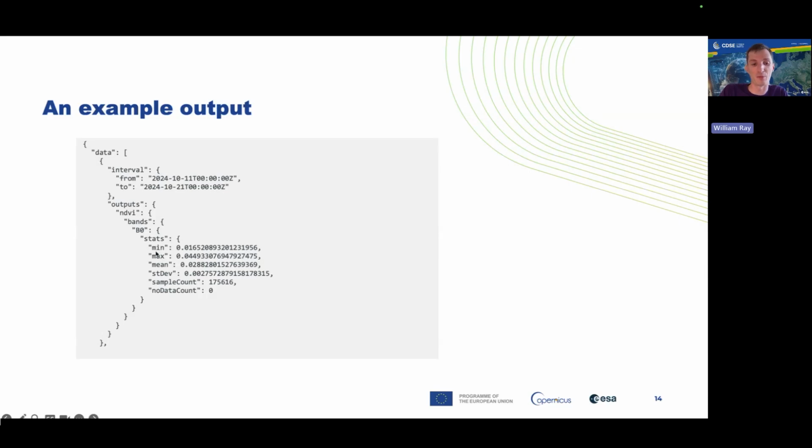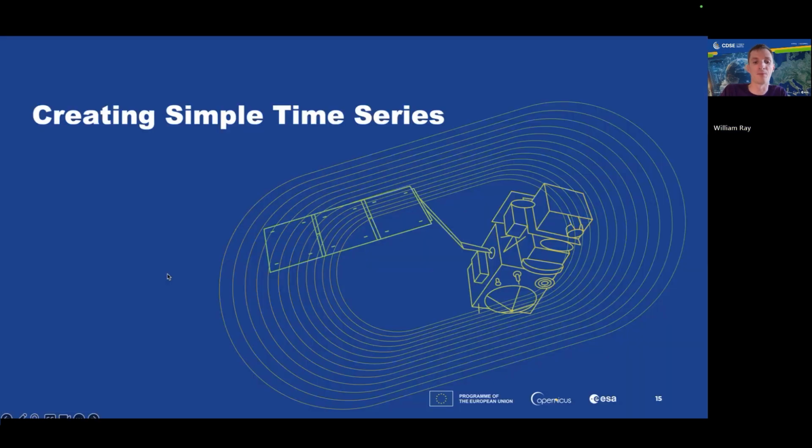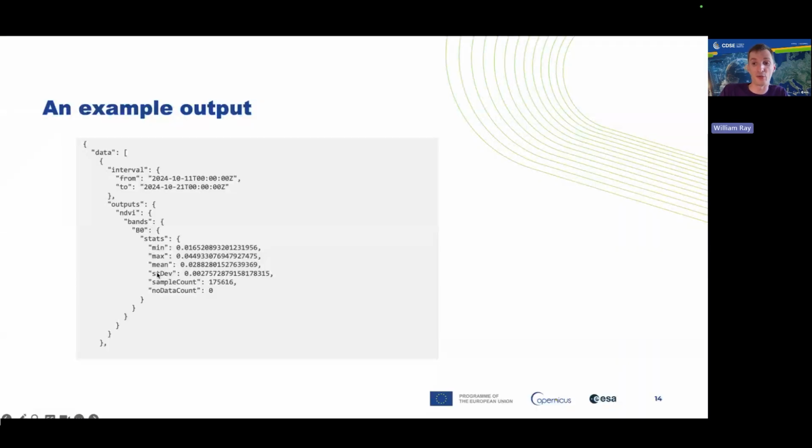So the minimum, the maximum NDVI, we've got the mean. We also have the standard deviation. That's the standard deviation on the field level, rather than, say, the standard deviation over a time period. We also have the number of pixels as the sample count, and we also have a no data count.